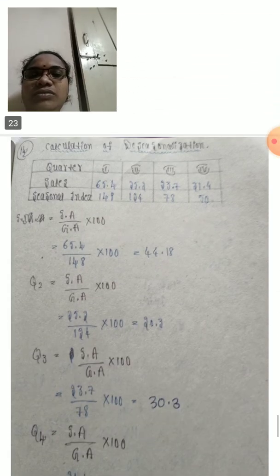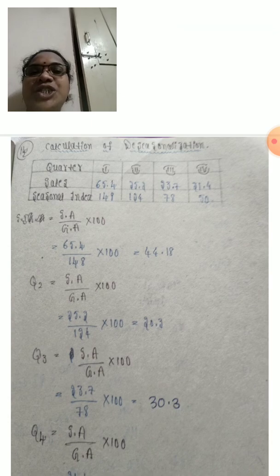Quarters 1, 2, 3, 4, sales 65.4, 25.2, 23.7, 21.4, seasonal index 148, 124, 78, 50. Now calculation of deseasonalization. Quarters 1, 2, 3, 4, sales are 65.4, 25.2, 23.7, 21.4. Seasonal index 148, 124, 78, 50.